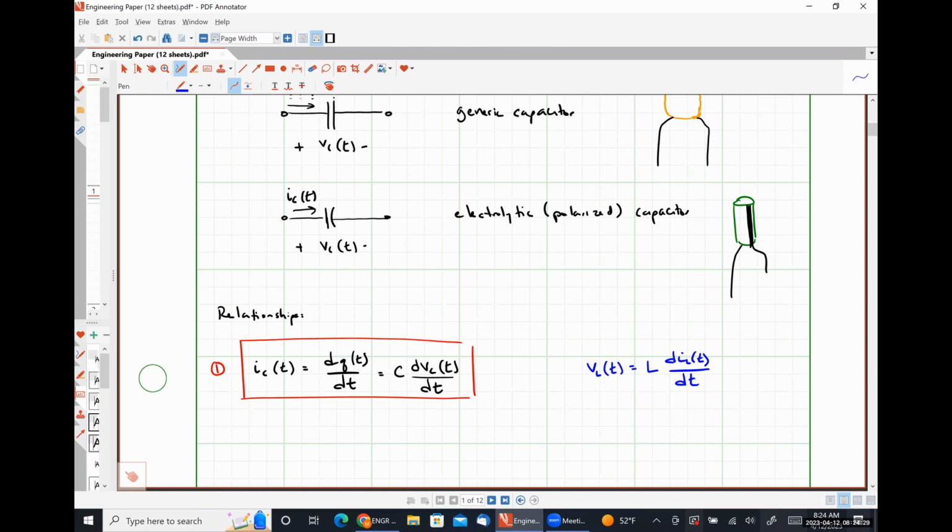Absolutely right. So what would we treat a capacitor like in a DC circuit? An open circuit. Absolutely right, which is exactly what I mentioned earlier. So our first relationship: in a DC circuit, capacitors behave like open circuits. Absolutely correct. Okay.